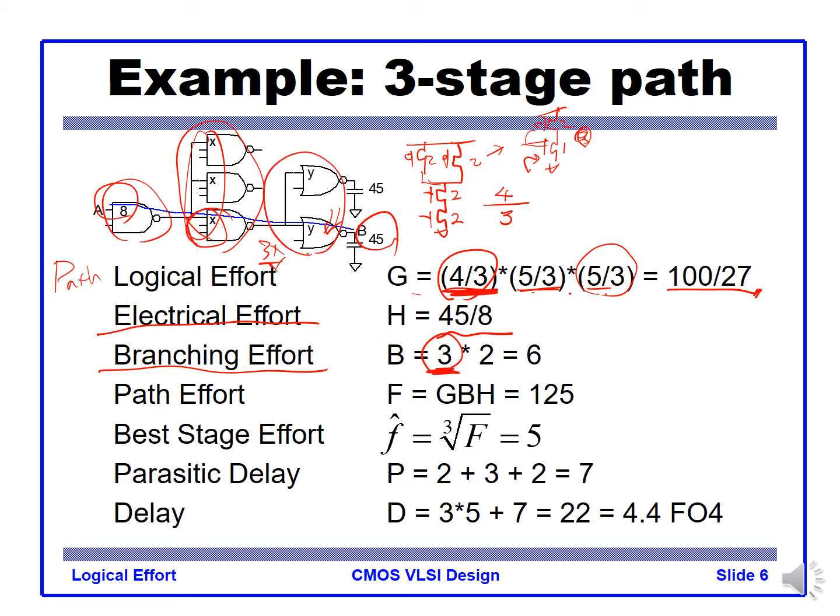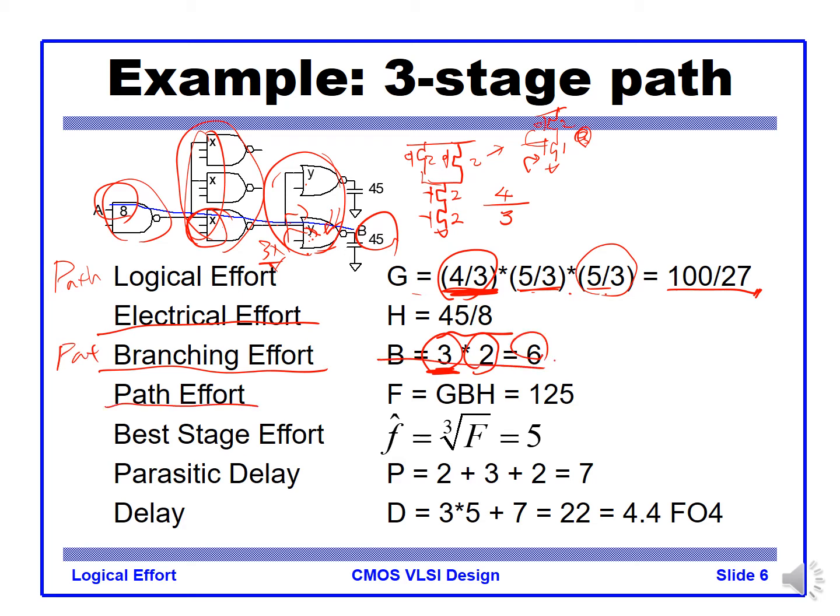And in the last stage, we have 2 branches of the same size, 2y over y in my path, that gives us a branching effort of 2. So the path branching effort will be the multiplication of all these.